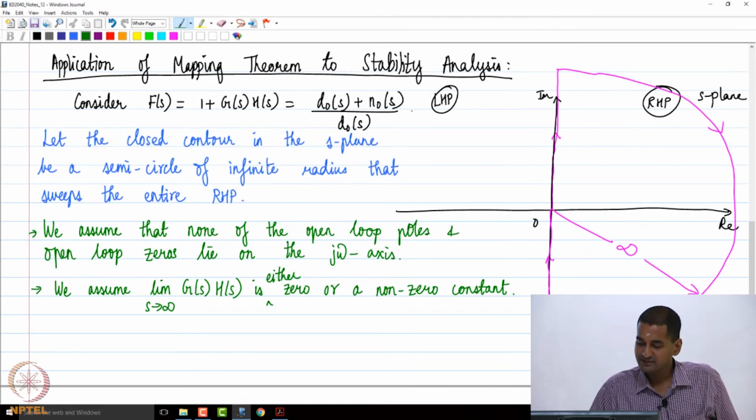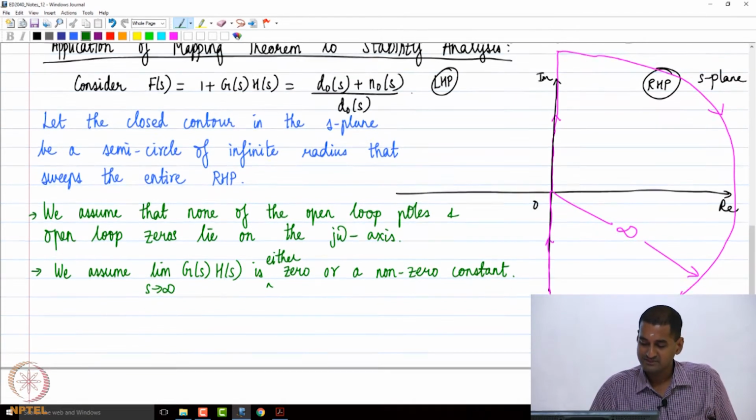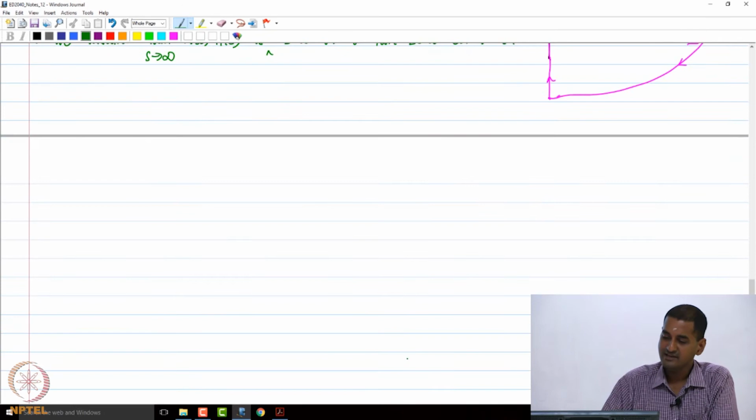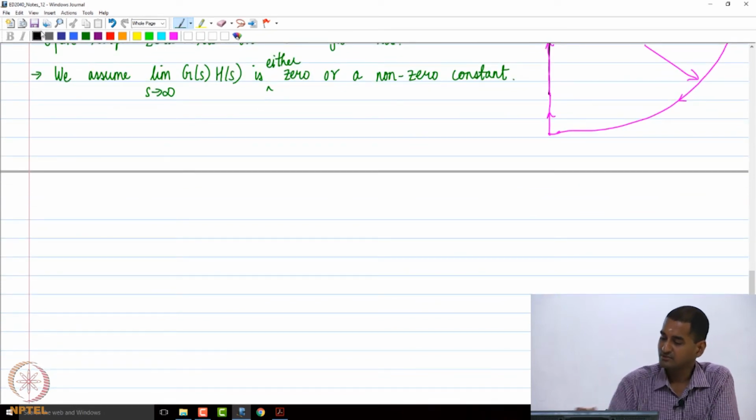So these are some assumptions that we make. Now, this contour is mapped into a corresponding contour in the 1 plus g of s h of s plane.